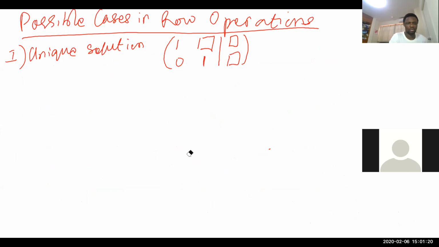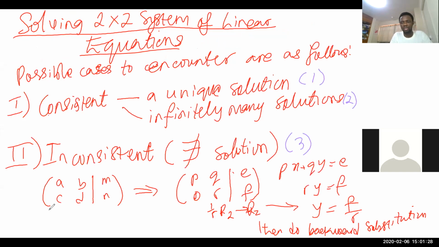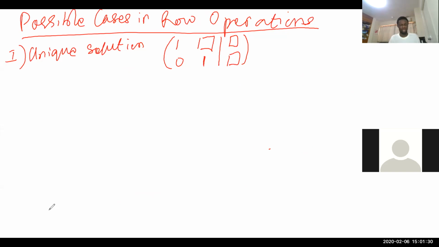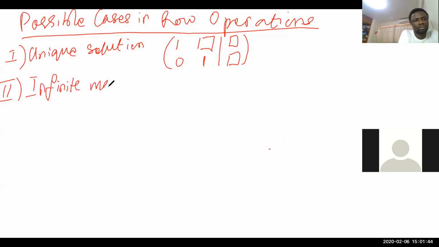Okay, all right. So the other one we might have, what is the second case? Infinitely many solutions. Can somebody remind me, when do we get infinitely many solutions? When the equations are equivalent.